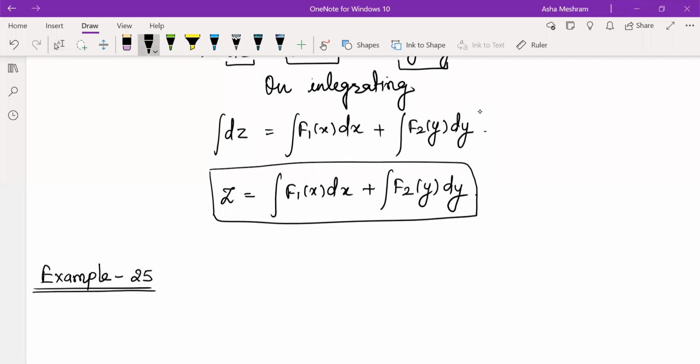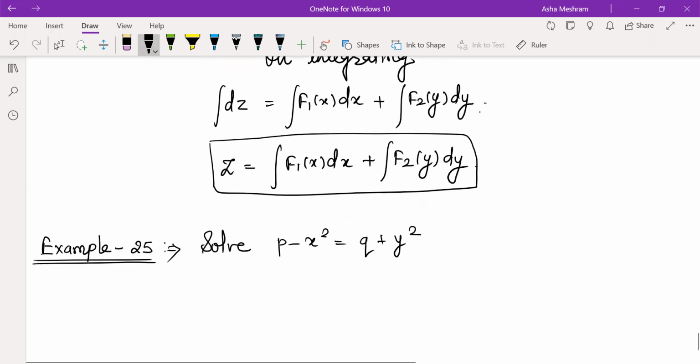Okay, so let's take example number 25. So what's example 25? Solve p minus x square is equal to q plus y square.